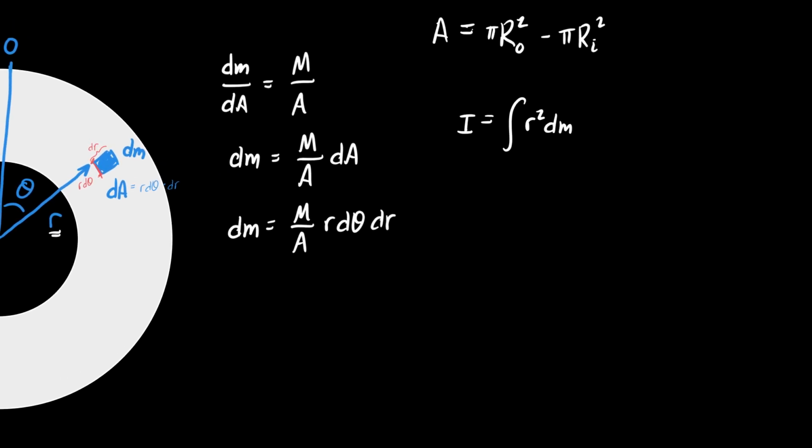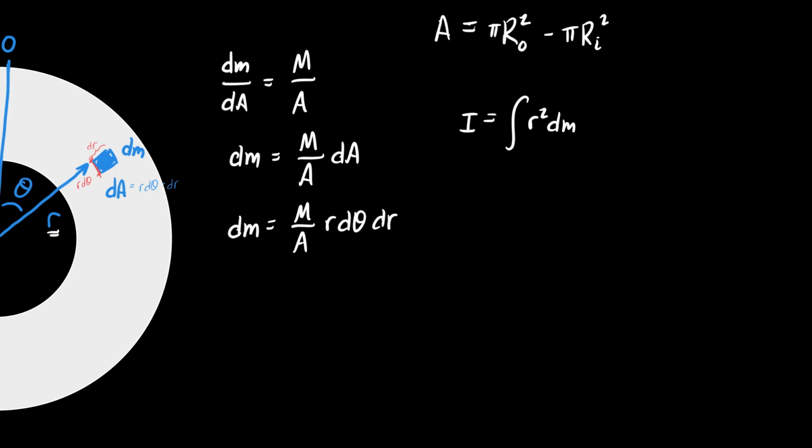So I will rewrite this as the integral of r squared, but I'll replace dm with m over A r d theta dr. Now doing that adds another derivative variable, so I need to add another integral variable here.